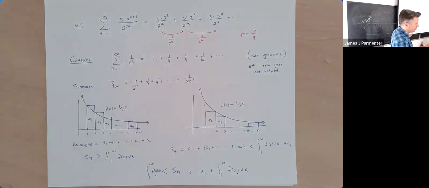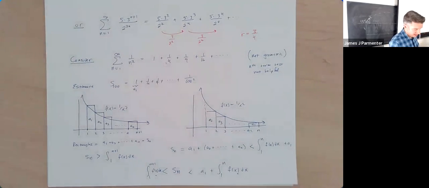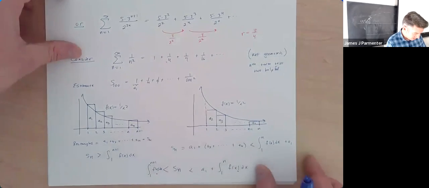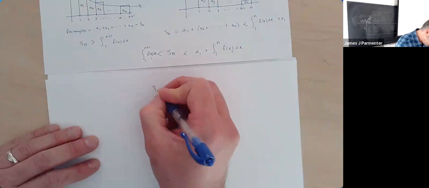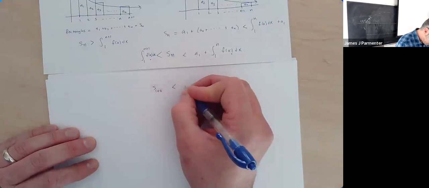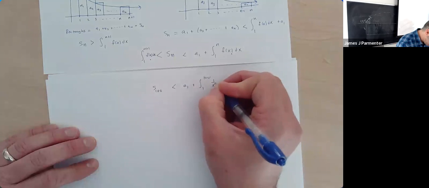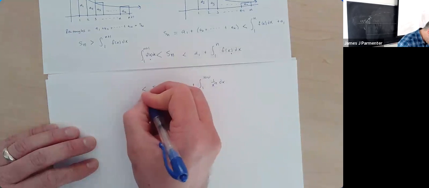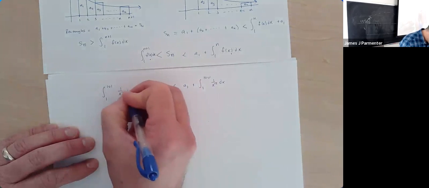Like it's really cool. So then what we can say, if we want to go back to the actual question we were asking, is that our estimate of S100, not that it's really the important part, is that S100 is going to be less than A1 plus the integral from 1 to 100 of 1 over x squared, and is going to be bigger than the integral from 1 to 101 of 1 over x squared.